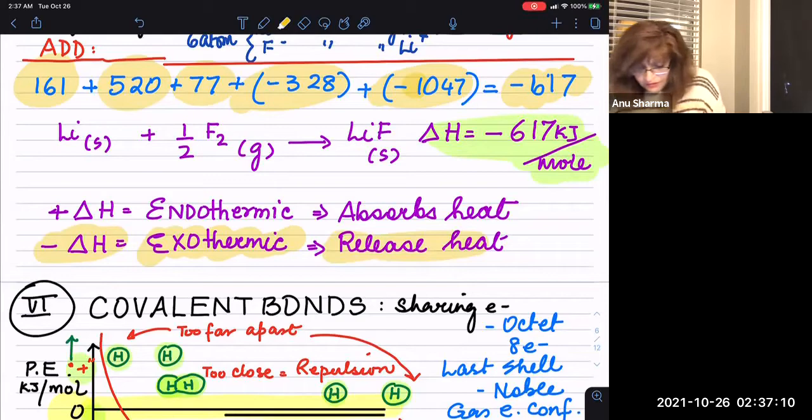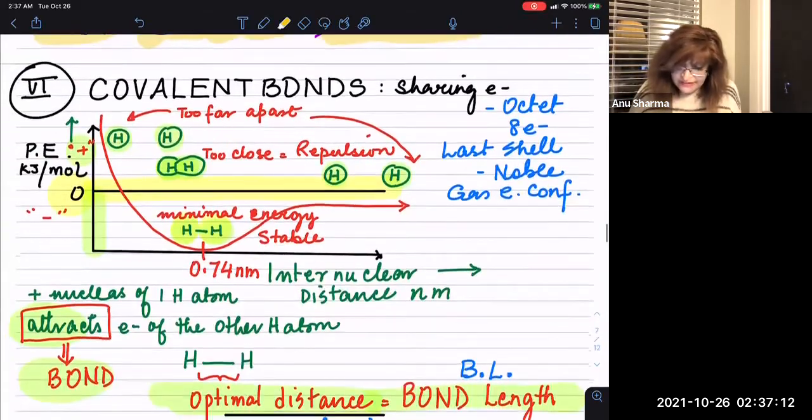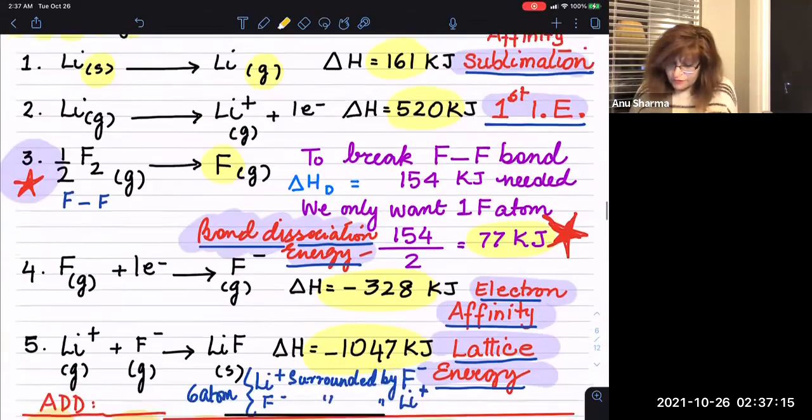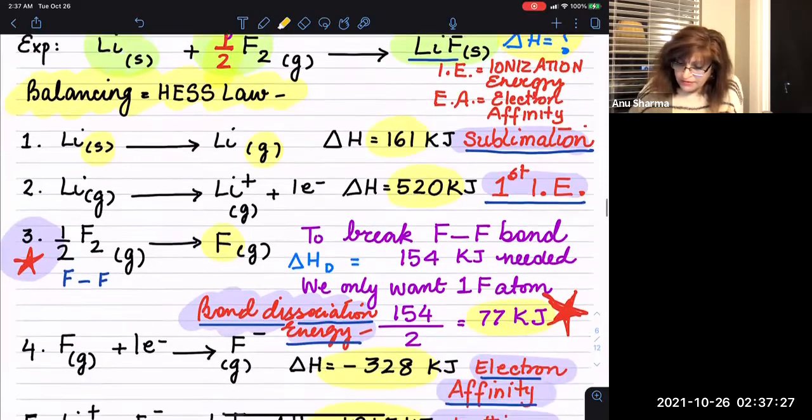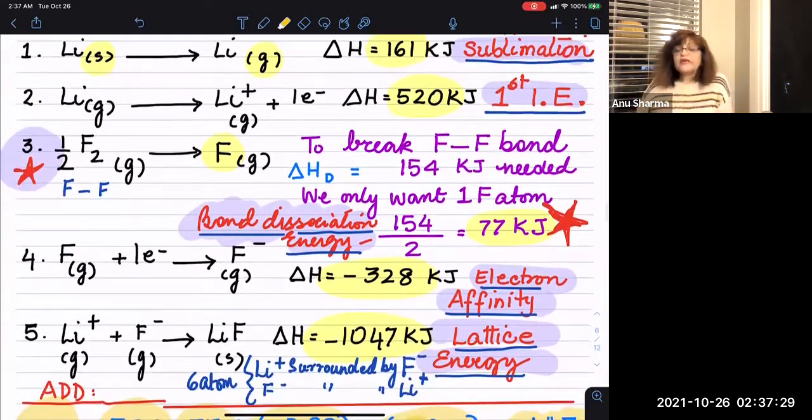Okay, so that was the lattice energy term. Like I said, the kind of questions that can be asked is you need to either find the total energy of the formation of one of the binary ionic compounds, or you will be asked to label that process, like what is it called?